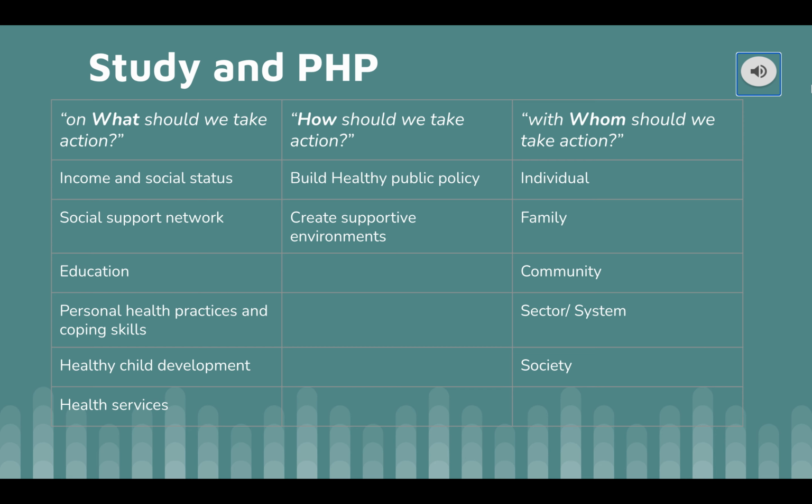How can the PHP model be used to create solutions to improve migrant maternal child health and psychosocial concerns? On this slide, we can see that the study addresses on what should we take action, how should we take action, and with whom should we take action.